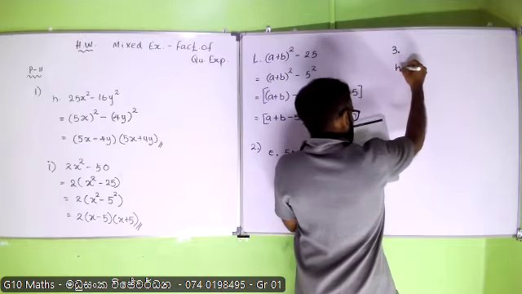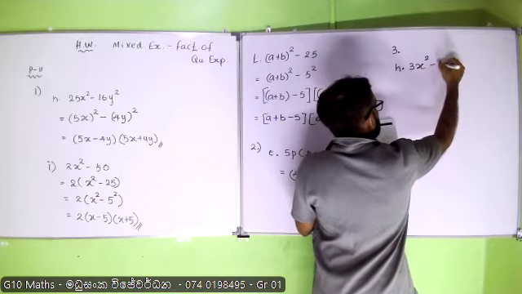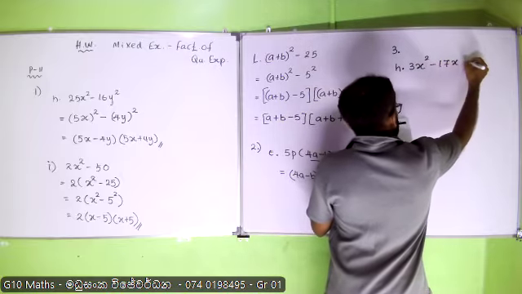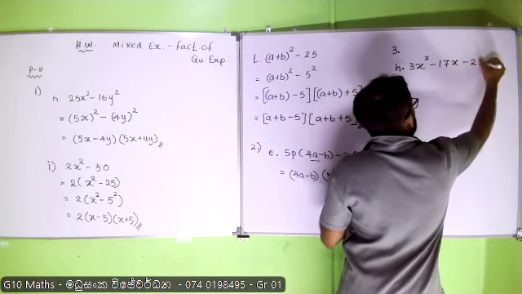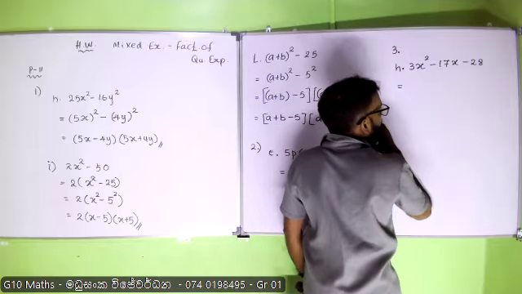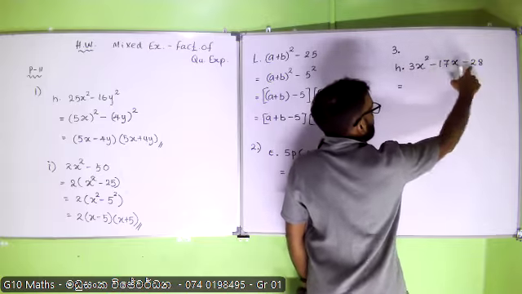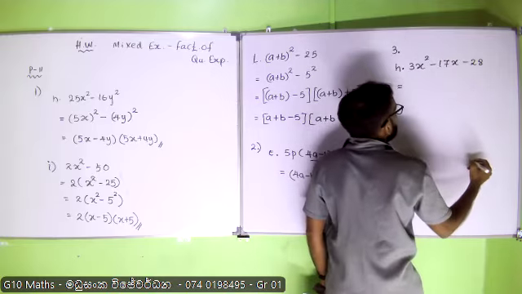3x to the power 2 minus 17x minus 20, equal mark. First of all, I will take the multiplication of the first term and the last term.